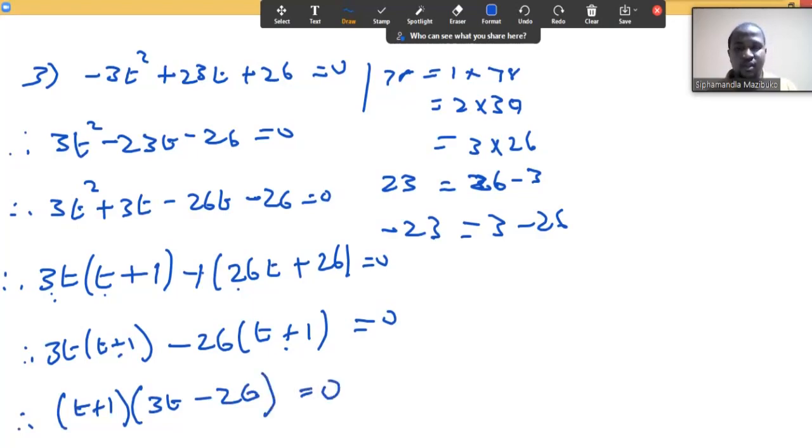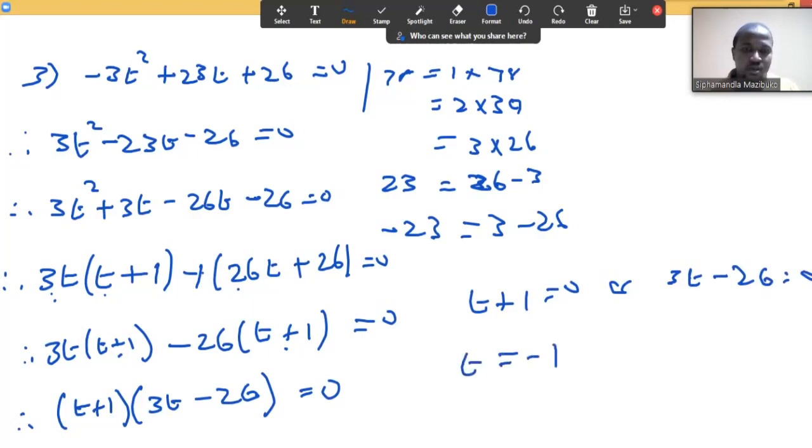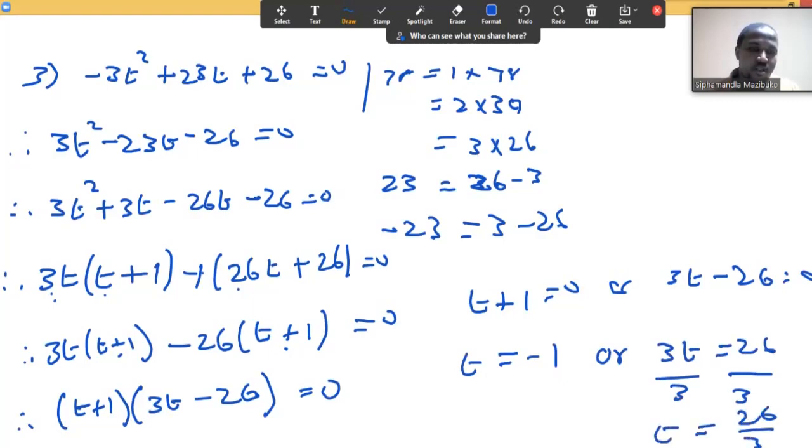Now clearly you can see that t plus 1 is equal to 0, or else we have 3t minus 26 is equal to 0. We can say that t is equal to minus 1, or you can say that 3t is equal to 26 divided by 3. Our t is equal to 26 divided by 3.